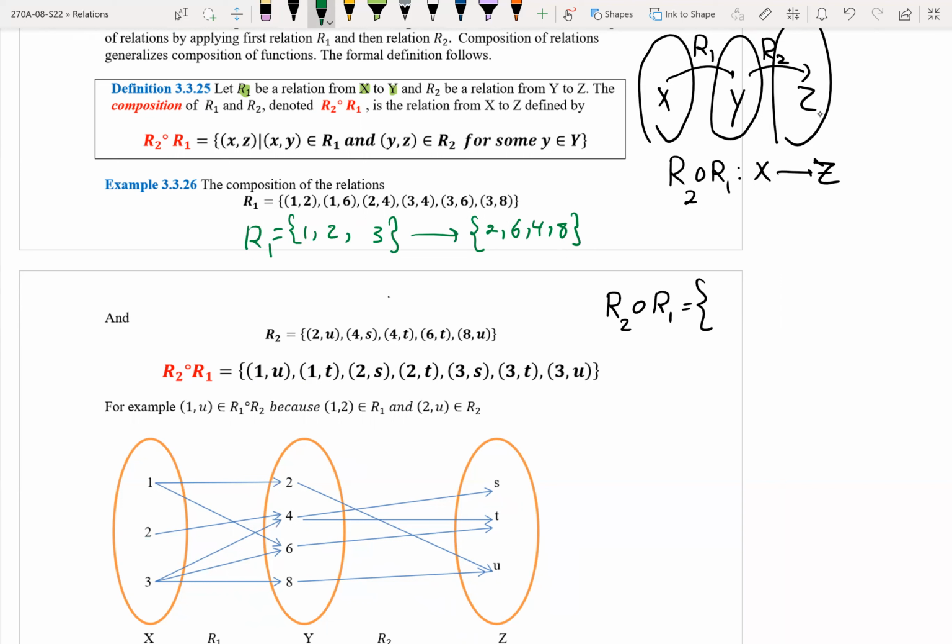So if you start with the R1, because this is inside, so you start with the R1, so that means your input is 1, okay? So you're having 1 and 2, which is in R1. So then you have to look for the 2 and something in R2.